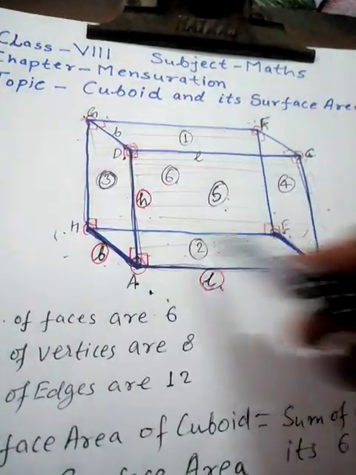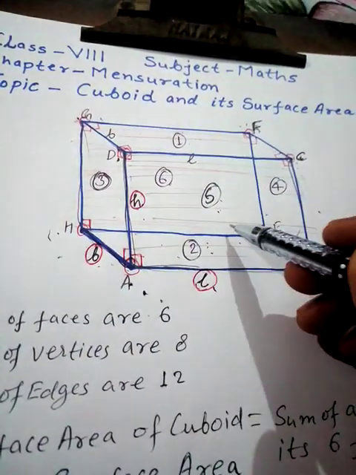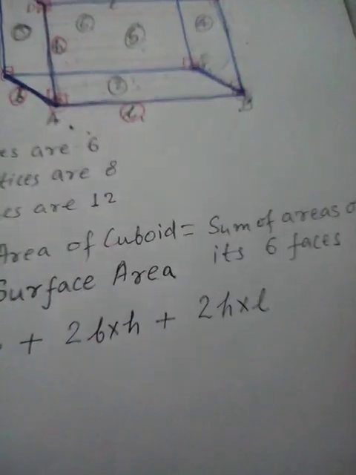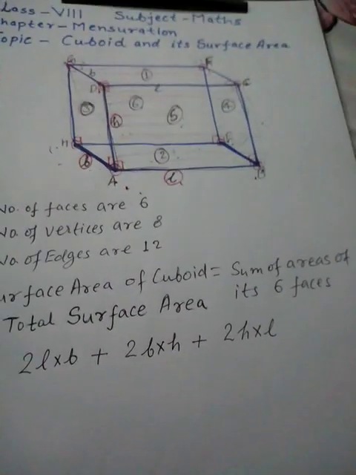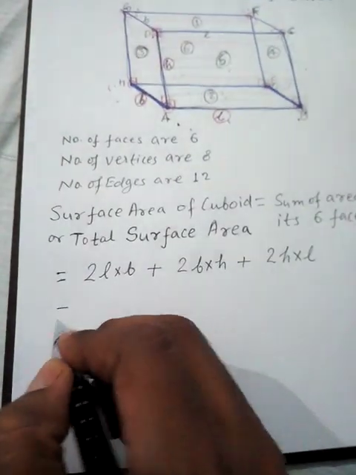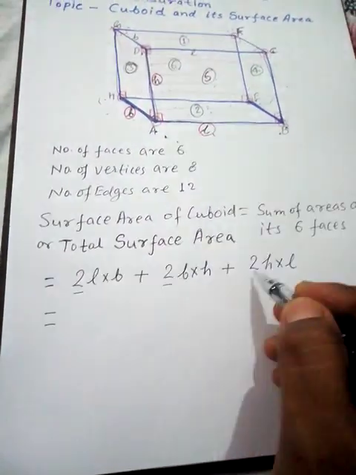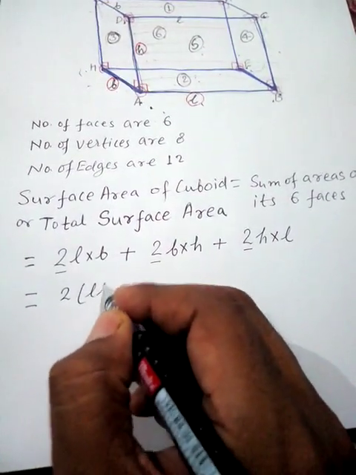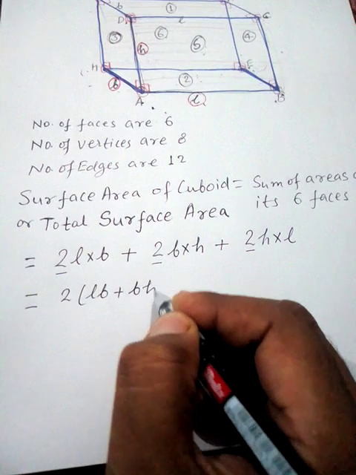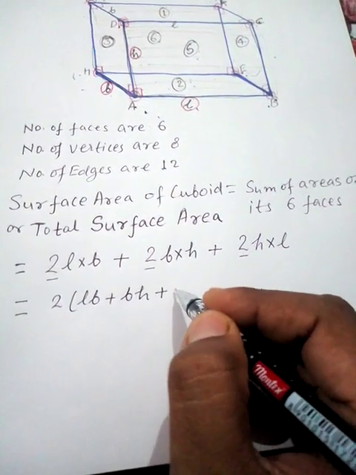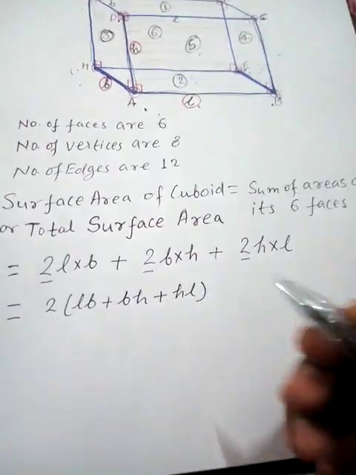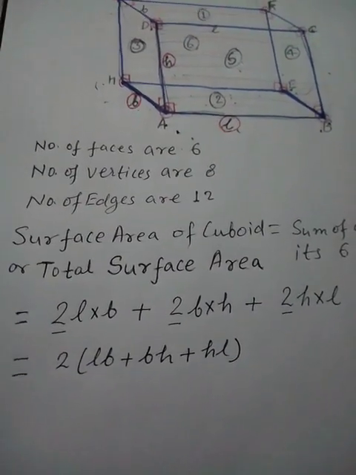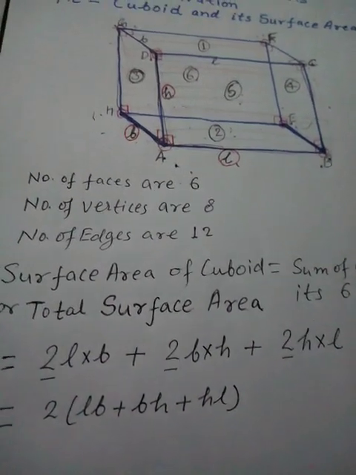So the sixth surface is congruent to 5, and you can write 2 into H into L. Now you can take 2 common. So 2 into (LB plus BH plus HL). So this is the total surface area of a cuboid.